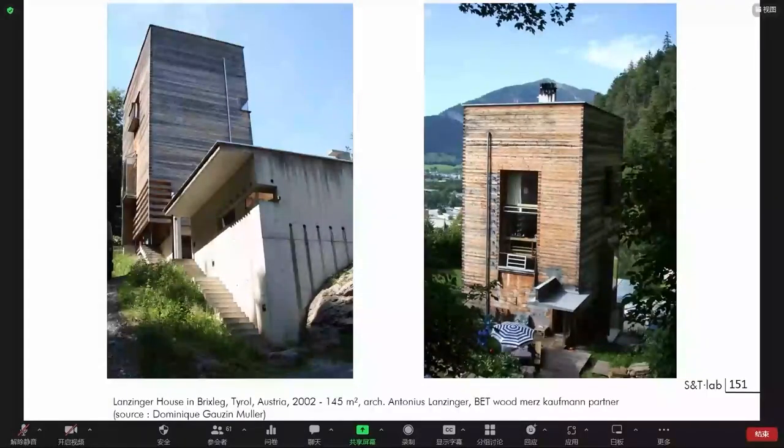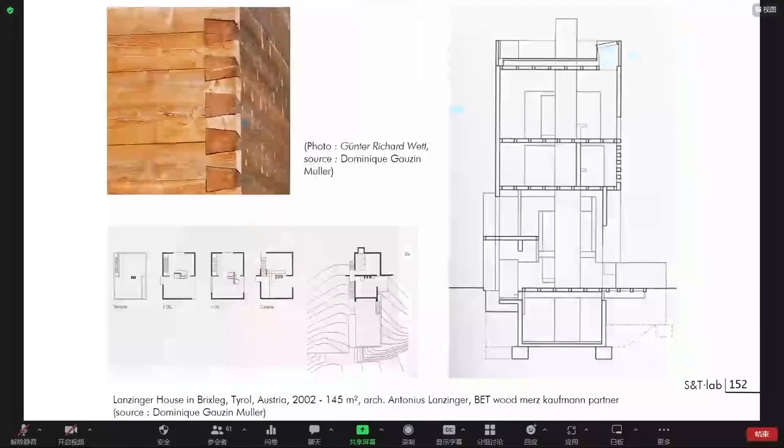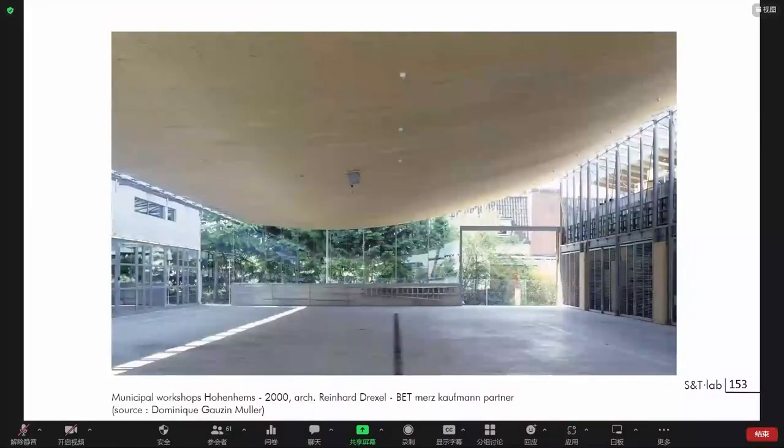Here we are back in Austria, in which you have a massive system that is being used with the question of resisting water. You see that timber is changing in appearance, but with very nice architecture. And you can see on the side a traditional connection that will be reused for this kind of timber construction.